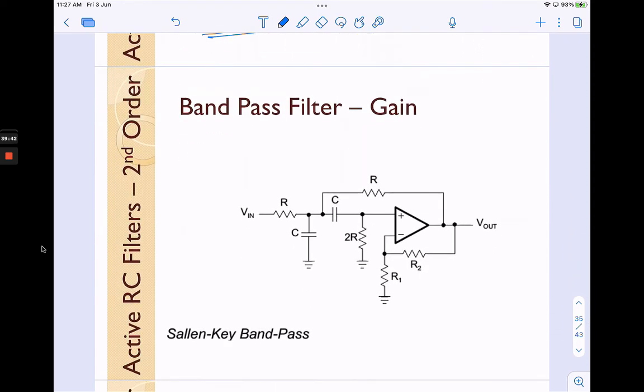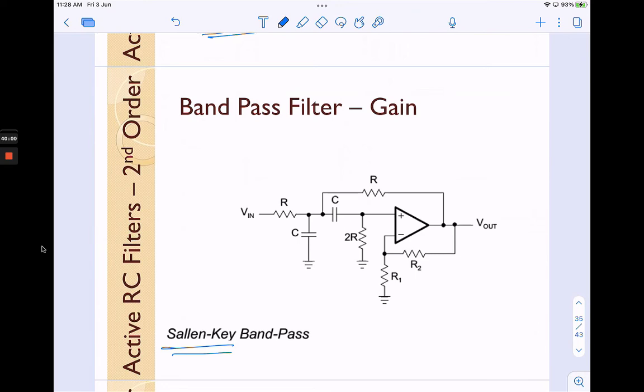Alright, so next is the band pass filter in Sallen-Key configuration. You can see the difference from the high pass filter and low pass filter configuration.